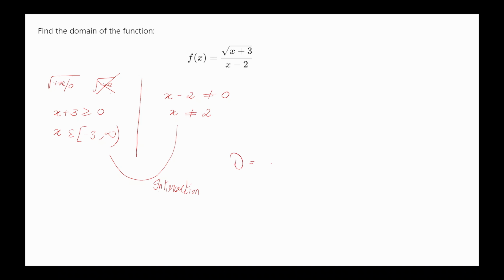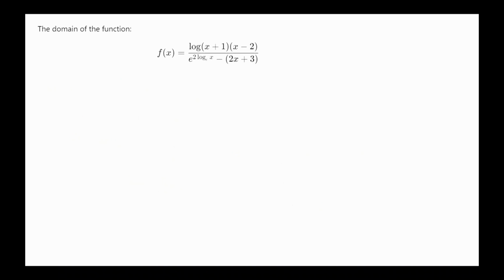Ultimately my domain would become x belongs to minus 3 to infinity, minus 2. The other way I could have represented this is from minus 3 to 2 union 2 to infinity. This is my other way of representing the same domain. So this is how you generally find domains of functions.